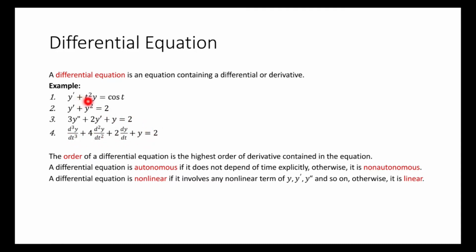What about the first one? We have t squared, but t is being squared, not y, so it is still a linear equation. So number 1 is a differential equation which is non-autonomous, but it is linear with order 1. You can try to deduce the types of differential equations for the other examples.